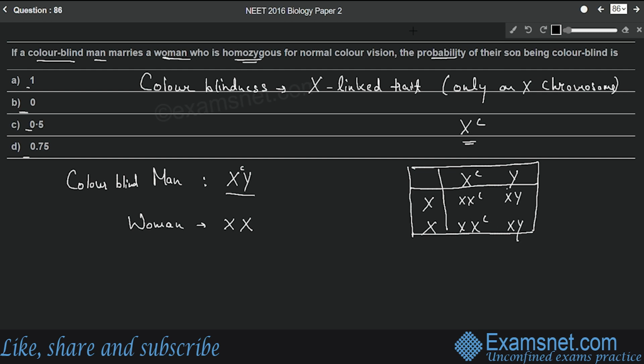Now these two XY are males or sons, whereas these two XX are females or the daughters. So we can see that this trait for blindness is present in daughters but not in sons. But the question asks the probability of their son being colorblind, so it will be 0 because the males don't have any trait here. So option B will be the correct answer.